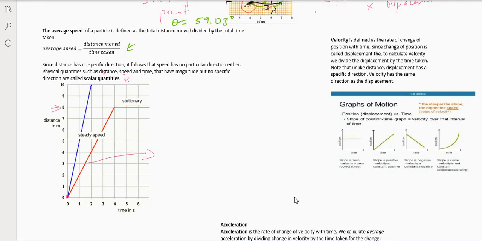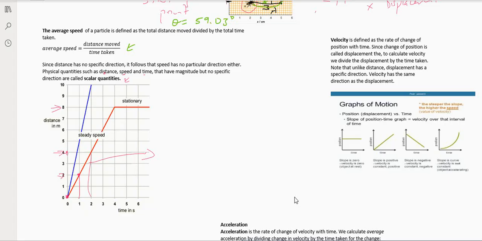So imagine, for every 2 centimeters the car travels, it took the car 1 second to do so. So let's look at it now. 2 meters on my y-axis correspond to 1 second. 4 meters on my y-axis correspond to 2 on my x-axis.